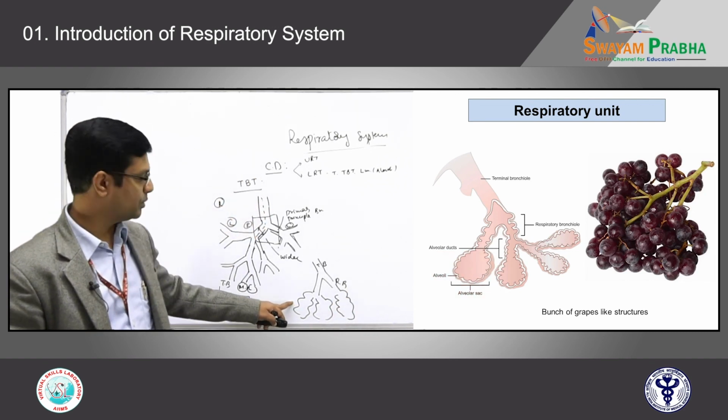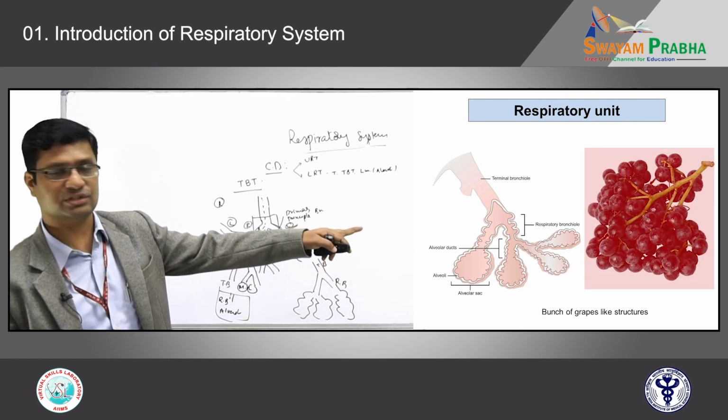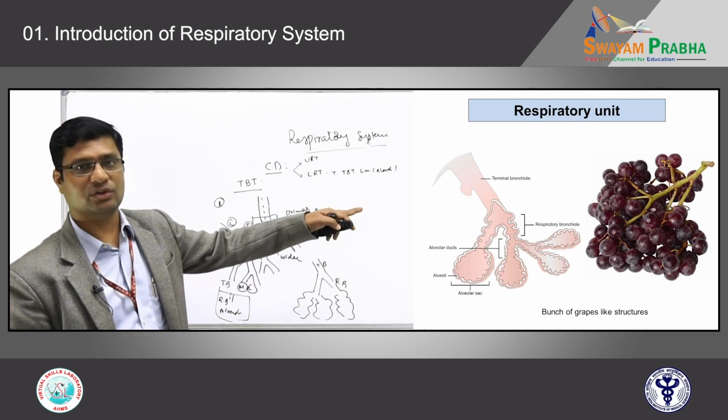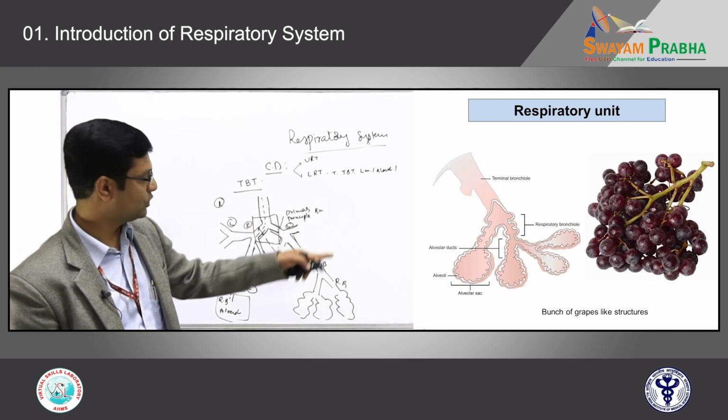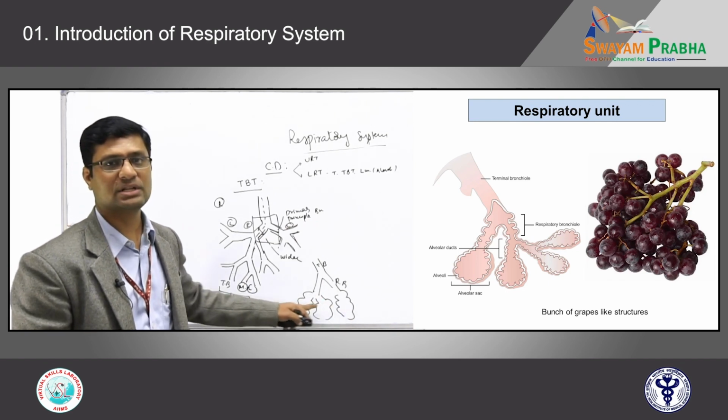When you see these alveoli microscopically, they can be compared with a bunch of grapes, as shown in the picture. You can see the stem, those are terminal bronchioles leading to respiratory bronchioles, finally leading to grape-like structures, which we call alveoli.